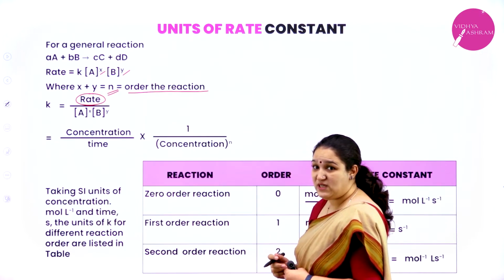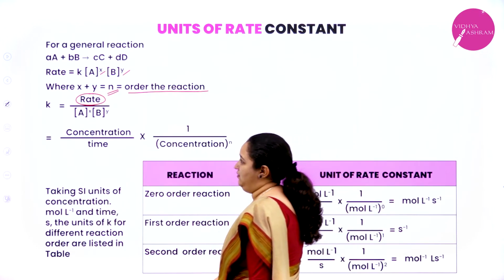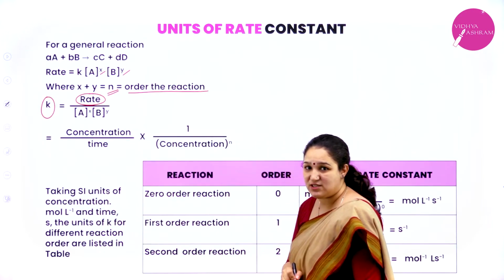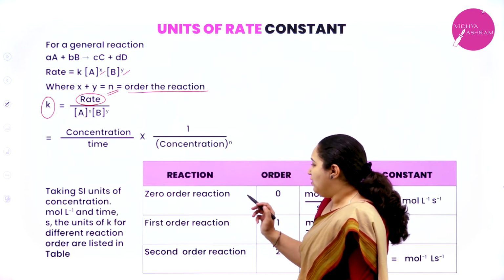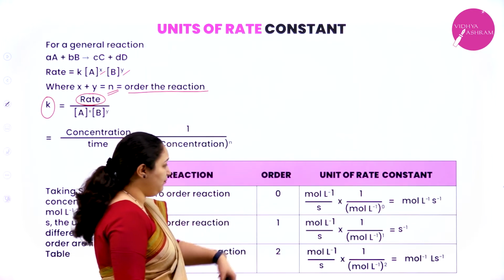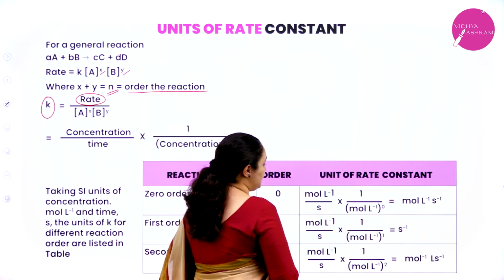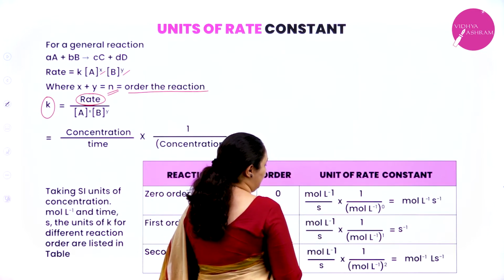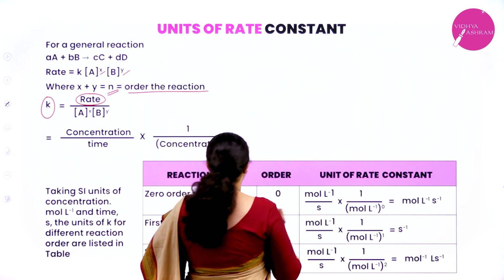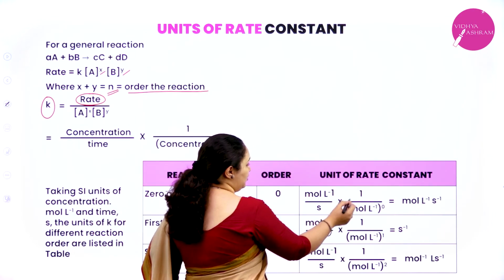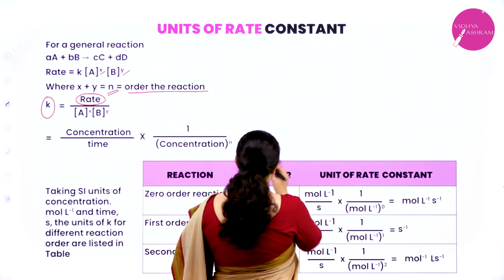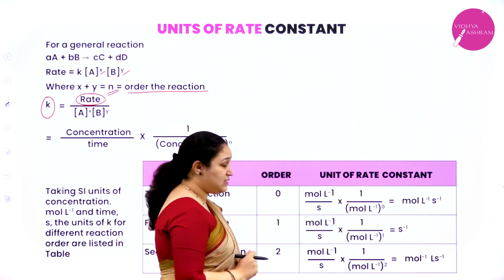Okay, now we'll see what will be the unit of rate constant as the order changes. Okay, so for zero order reaction, order is 0, unit of rate constant is mole per liter per second. That is this, concentration by time. Concentration is mole per liter, time is second, into 1 by concentration, mole per liter, to the power n is equal to 0.